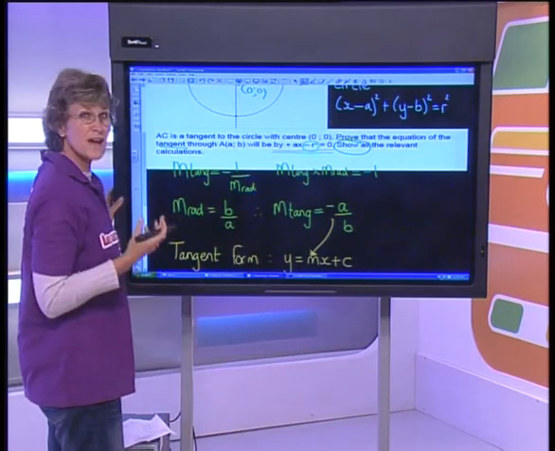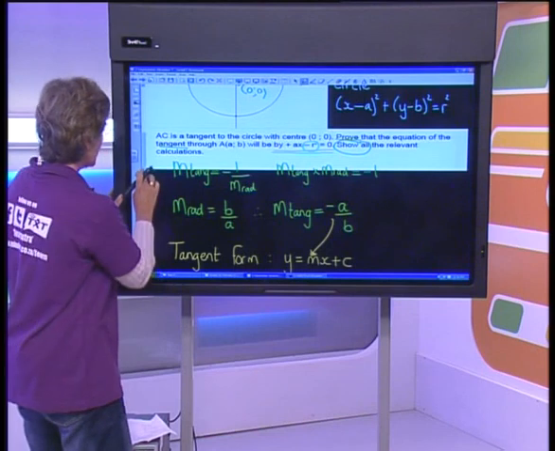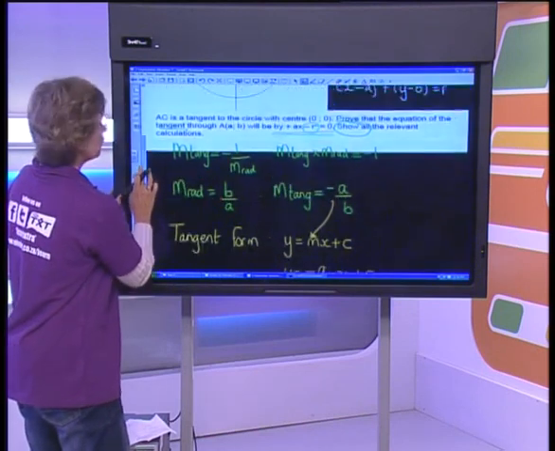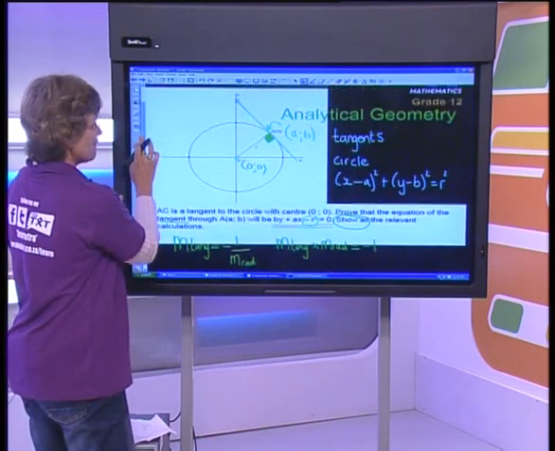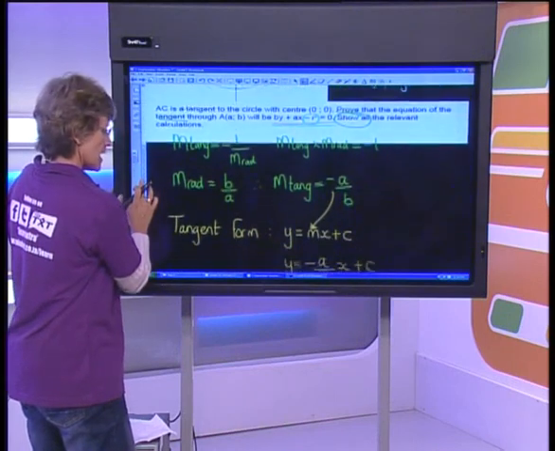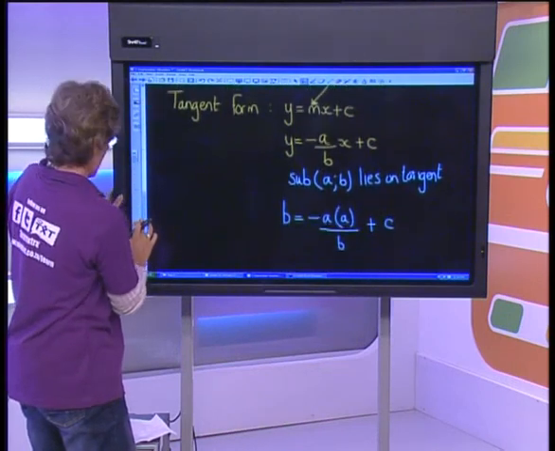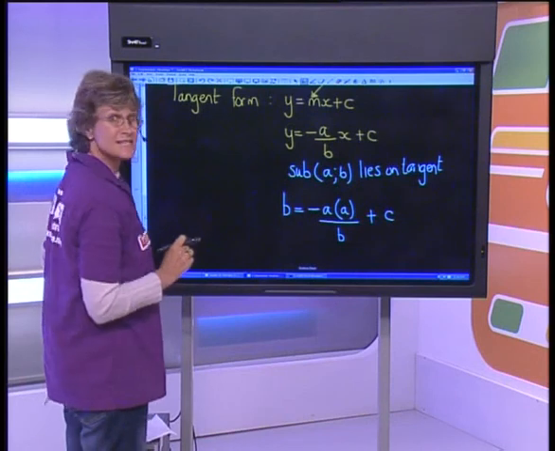The r squared is what I'm missing. So let's have a look from the picture if I know how to get my C.